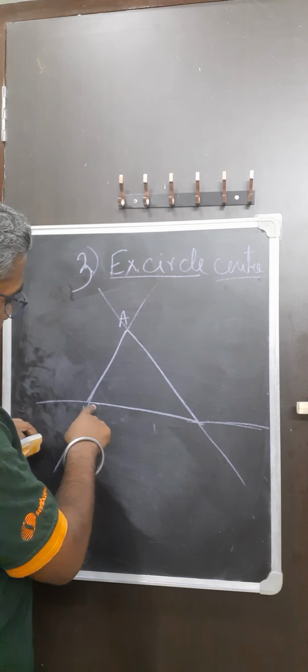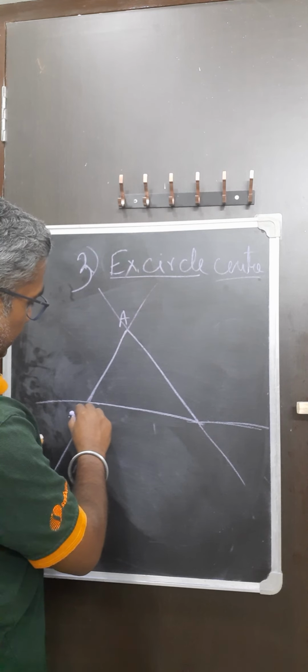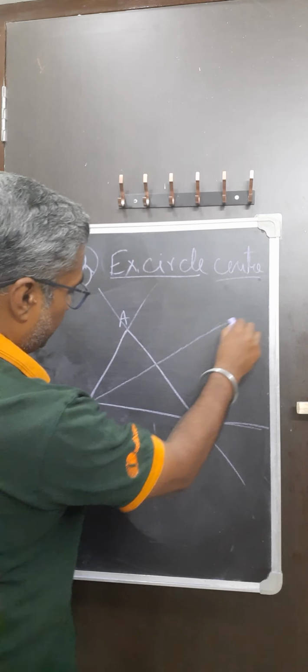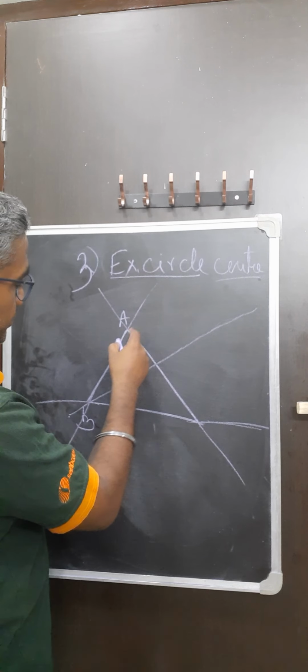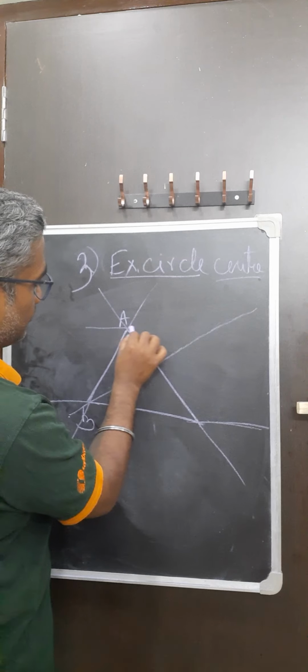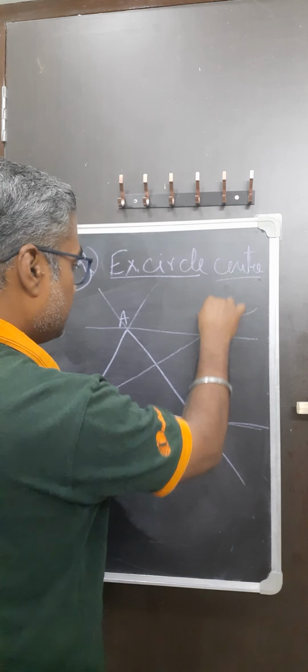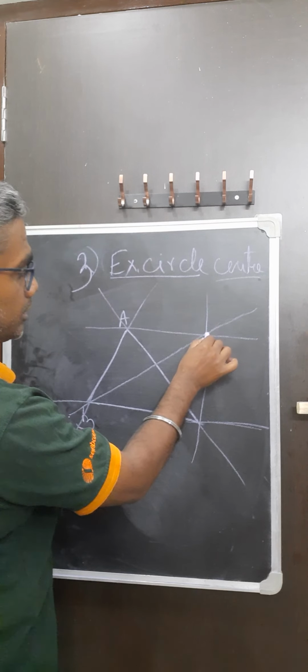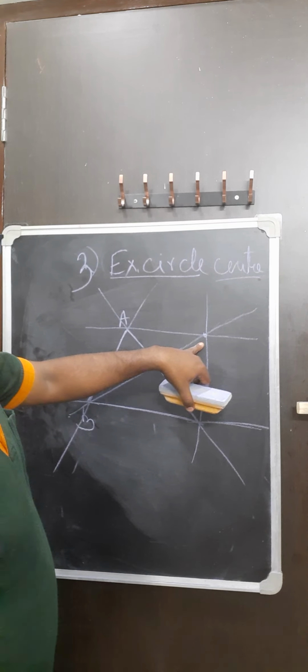Now let's say I am taking angle B, so I am dividing the B angle internally with this line, and the other two angles, the external angles, I am dividing equally with these lines. So they will meet at some point. This is called the excircle center.